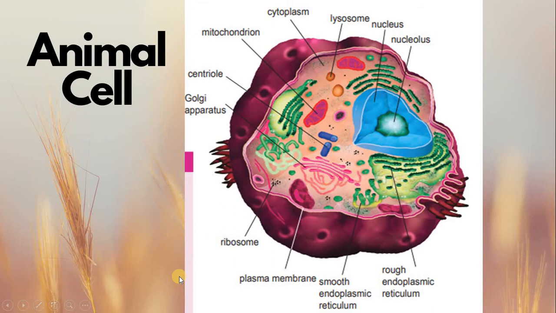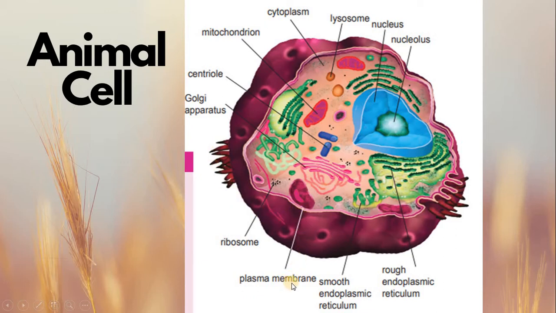Now take a look at this slide of the animal cell. This is the structure of the animal cell. Now we are going to analyze the components of the animal cell. First, look at the outer layer here. The outer layer of the animal cell consists of the plasma membrane.